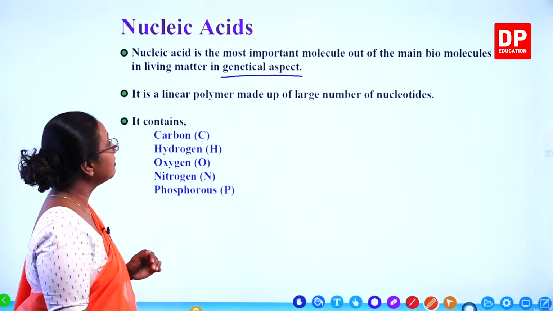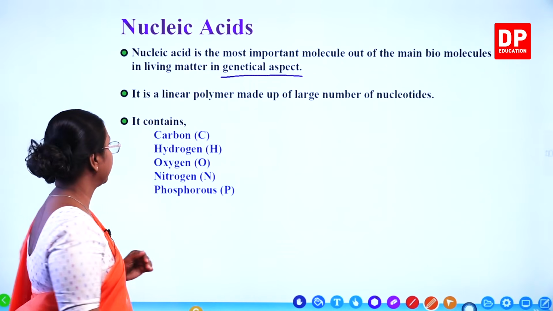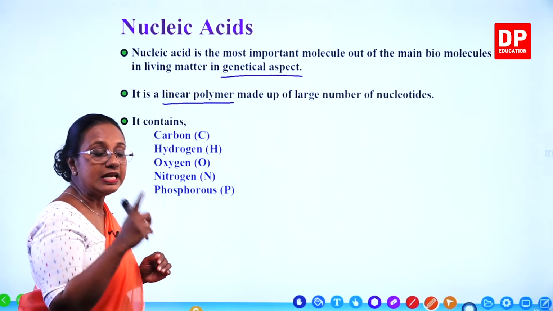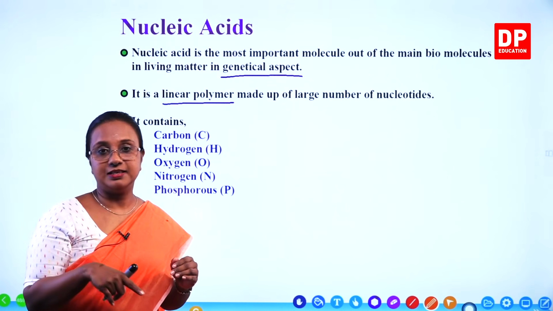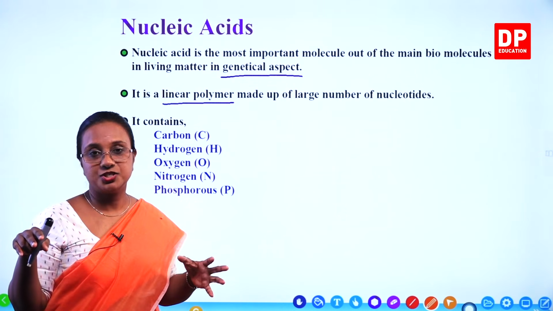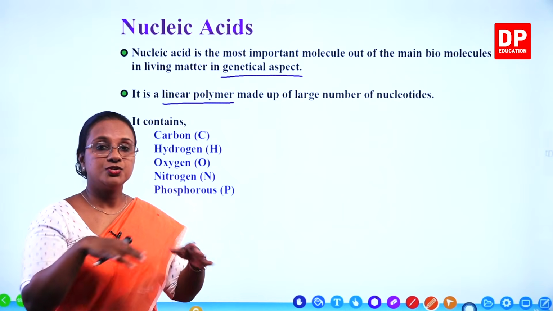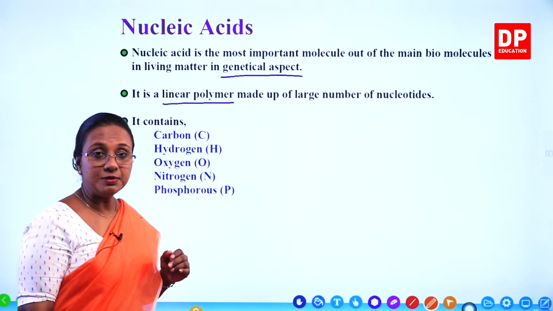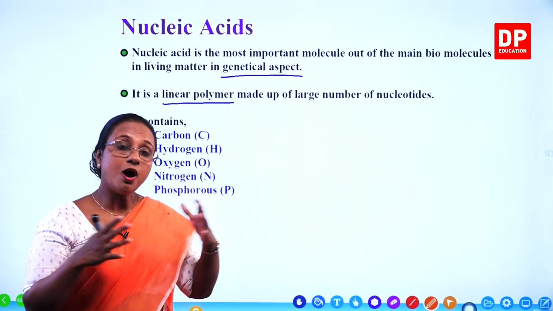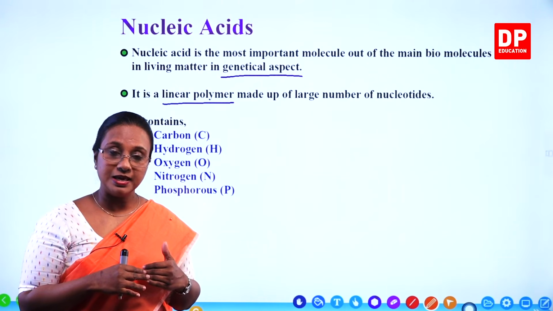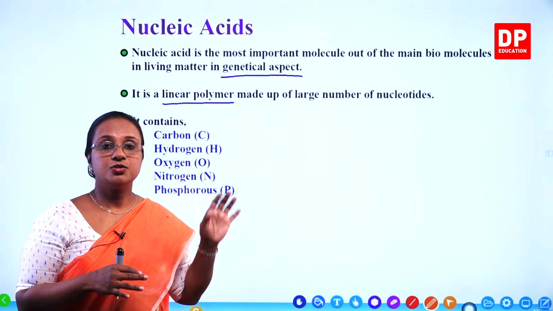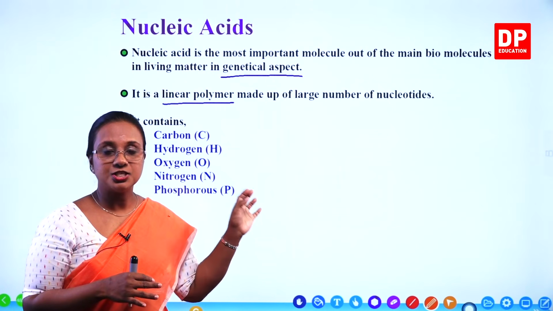So, if we look at the structure of a nucleic acid, it is a linear polymer. Linear means it's like a line, like a thread, no branches, no cross links. So, it is a line and it is a polymer. Polymer means a large molecule that is made up of many small molecules. So, nucleic acid is such a polymer.